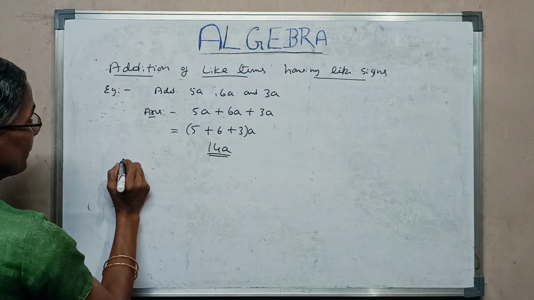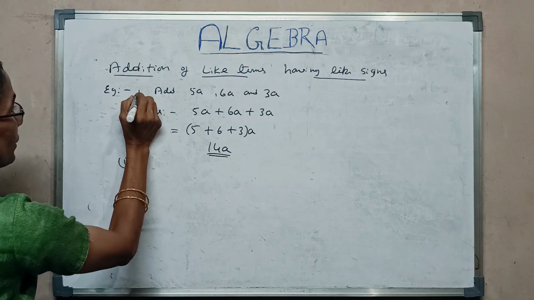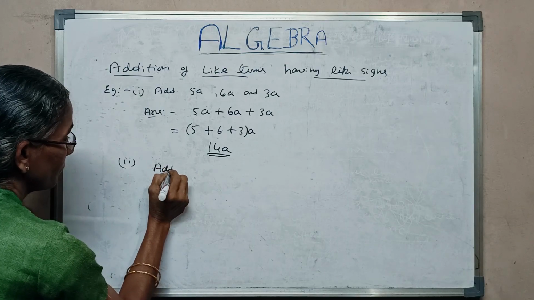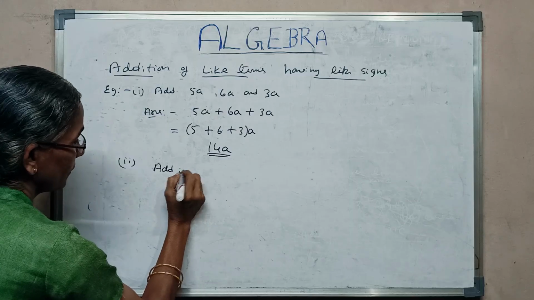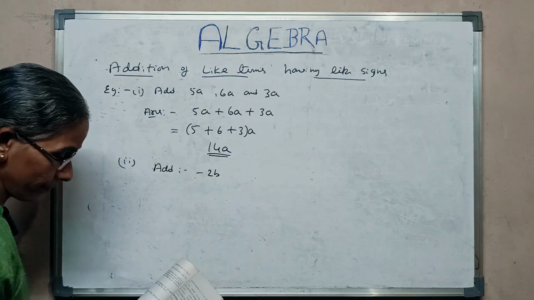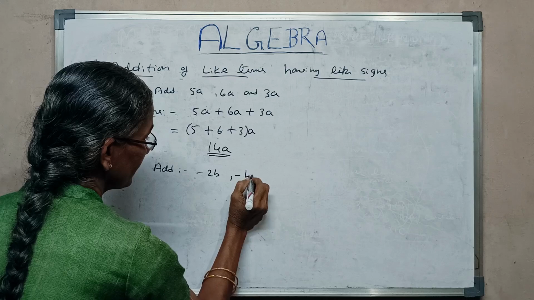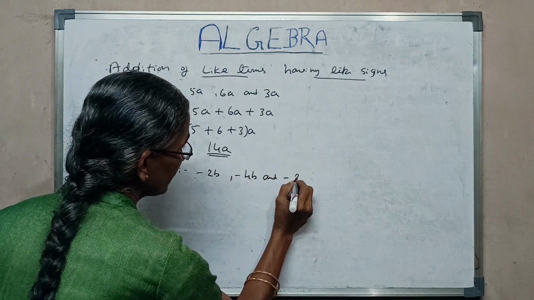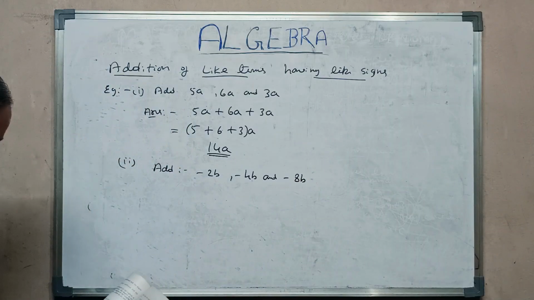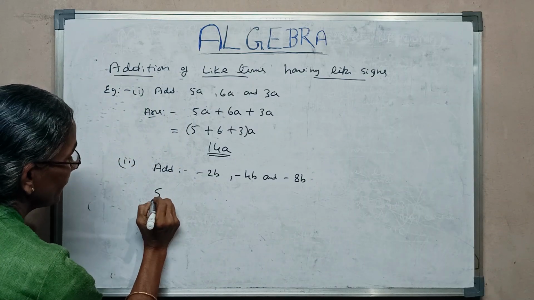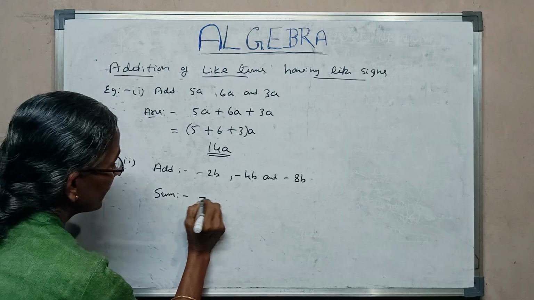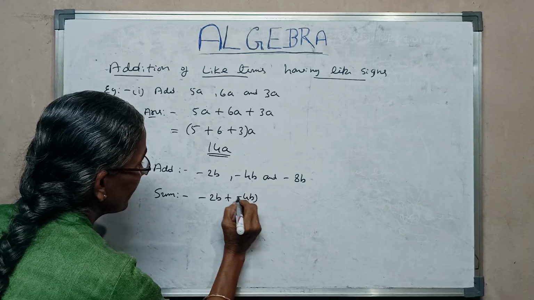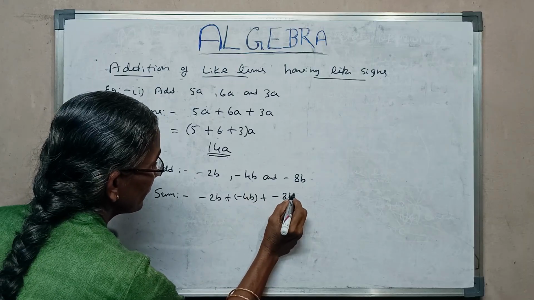Next, second question. Add minus 2b, minus 4b and minus 8b. Here the sum is minus 2b plus minus 4b plus minus 8b.